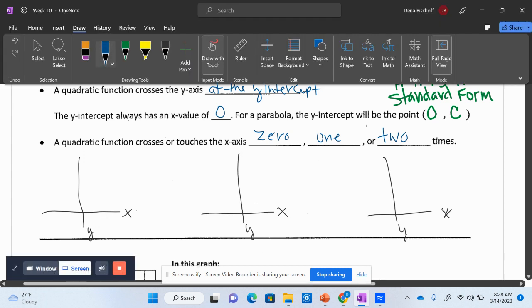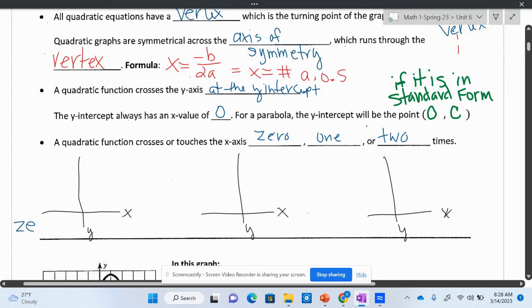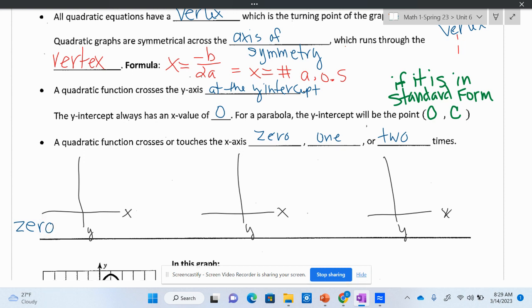So for our first one, we're going to cross the x-axis 0 times. So this is going to be an example of when our graph never crosses the x-axis. This one is never, ever going to cross the x-axis. So it's going to look something like this.